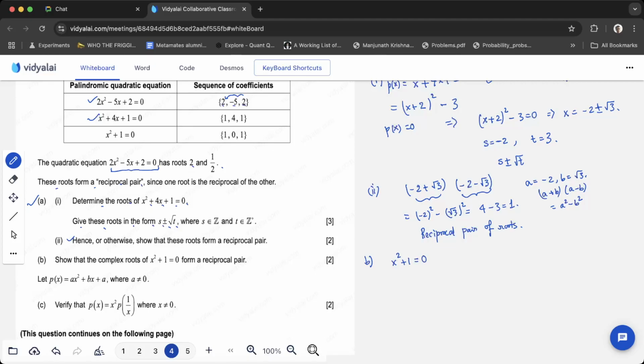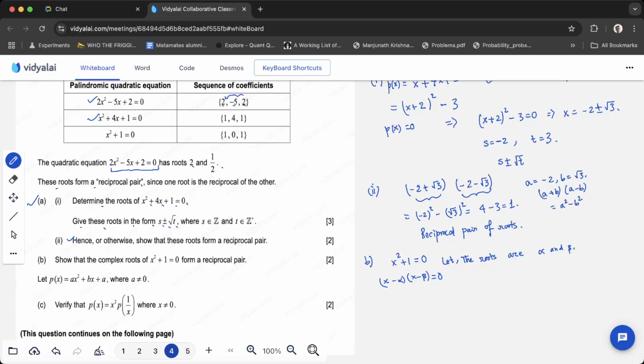Let us assume that the two roots are alpha and beta. So I can write x squared plus 1 as x minus alpha times x minus beta equals 0, because these are the two roots. So these two equations are equivalent.